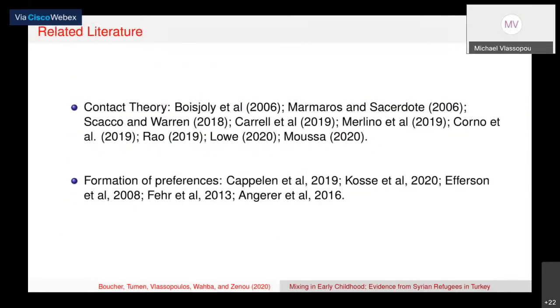So in terms of placing our paper in the literature, our paper connects to a literature that investigates the so-called contact theory or contact hypothesis, which is the hypothesis that intergroup contact improves relationships between groups under certain circumstances.